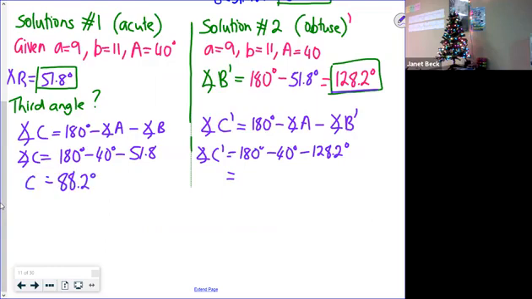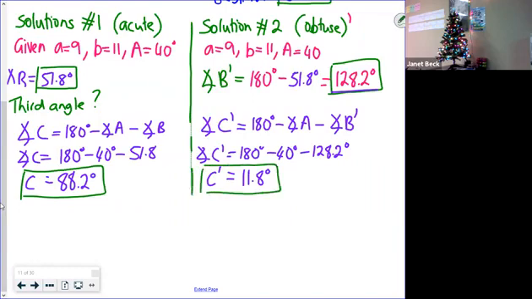That was C. And on this one, it is 11.8 degrees. And I'm calling this C prime. It's my alternate solution.